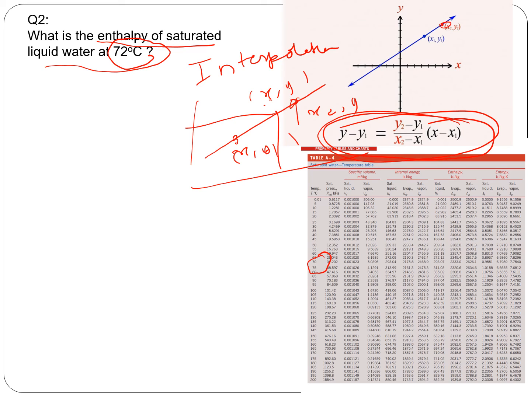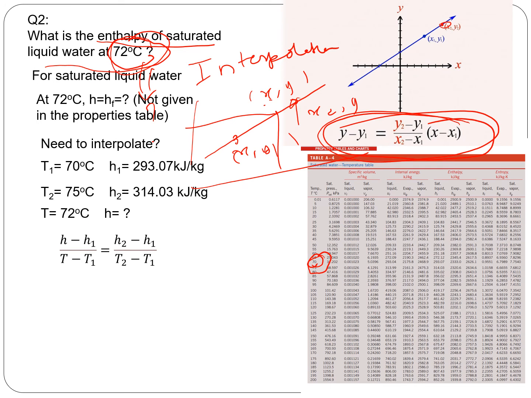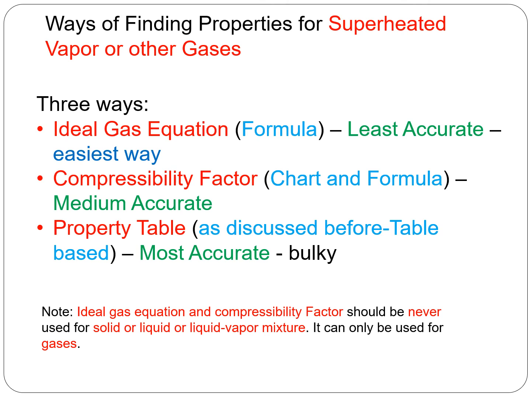In this problem, we know the enthalpy at 70 and we know it at 75, but we don't know it at 72. So in these cases, you need to do the interpolation and find the answer using this 2-point rule. And again, as I said, it's 100% sure you are getting a question that requires some kind of interpolation, so make sure you know how to do it. If the value is not given, then you need to carry out the interpolation. Okay, like here. So this is how you do the interpolation.